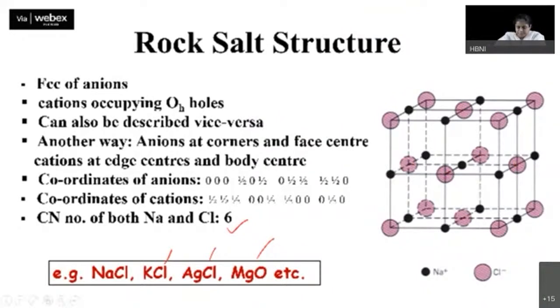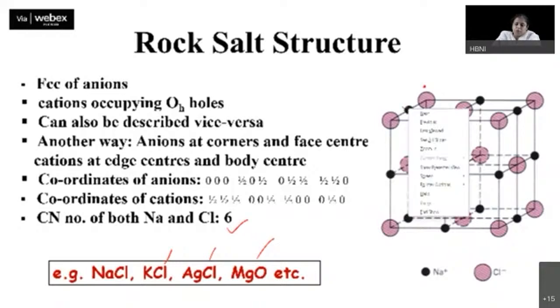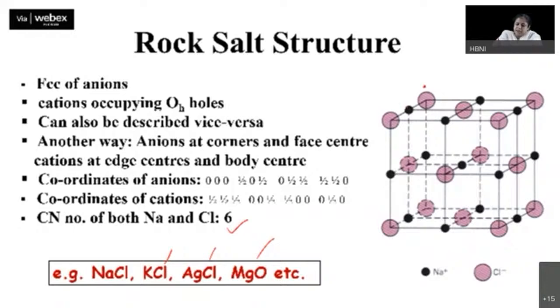Okay. Now look at this particular cube. Okay. I have put the pink balls at the corner and the face center. That is, I say it is the FCC unit cell of chloride. Now, suppose I shift my origin, let's say this was the origin earlier. Now I shift origin to here. Okay. So what happens is once I have shifted origin here, this becomes my edge center. Okay.